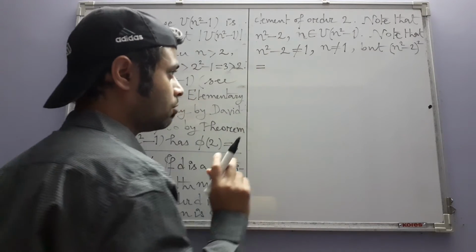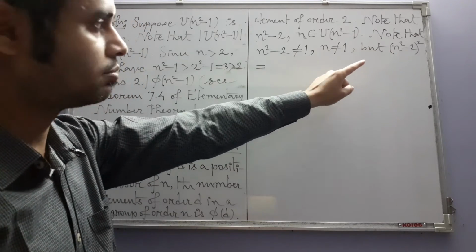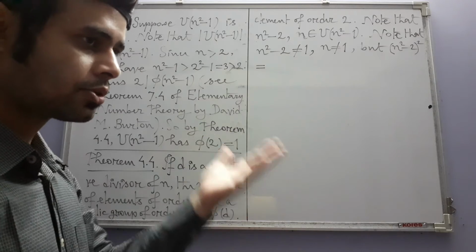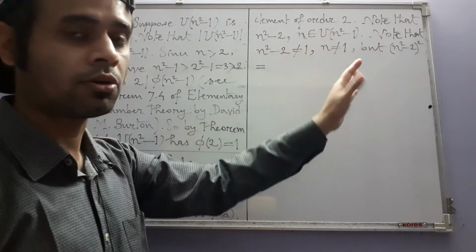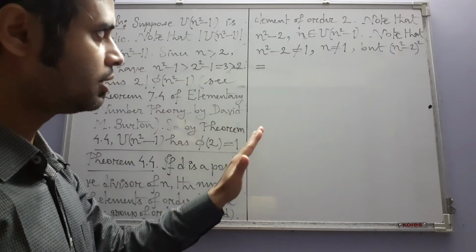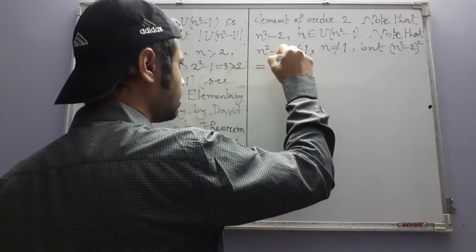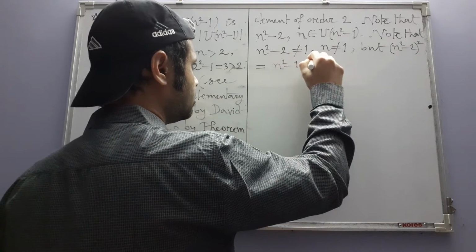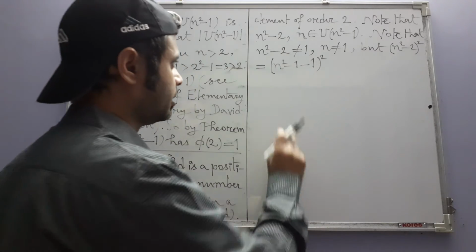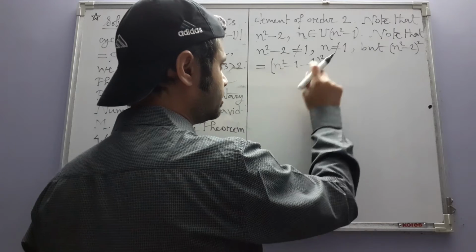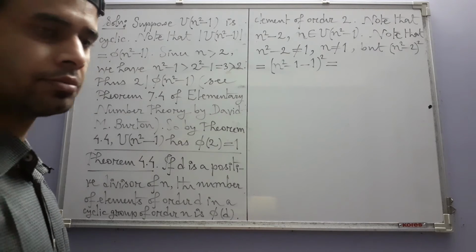Oh, and in this calculation where we are calculating the second power of n square minus 2, you should keep in mind that this product, n square minus 2 times n square minus 2, is actually the product we have in this group, not ordinary multiplication. So this is multiplication modulo n square minus 1, and because of that we can in fact simplify the thing even before expanding the square or anything like that, since n square minus 2 can be written like this, and in this group n square minus 1 is equal to 0.